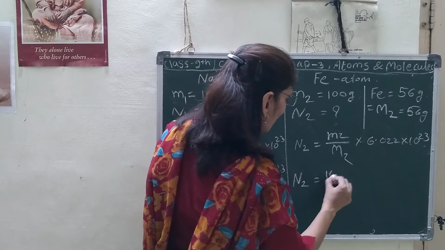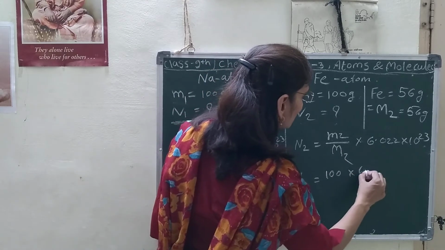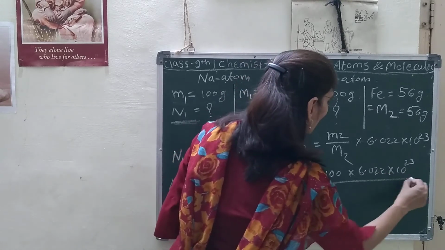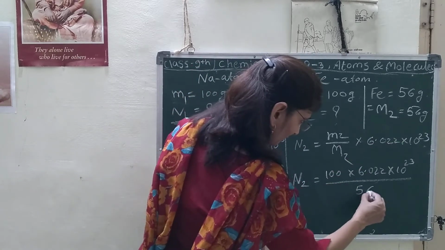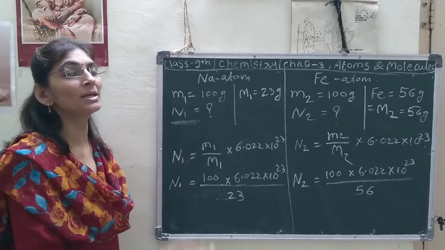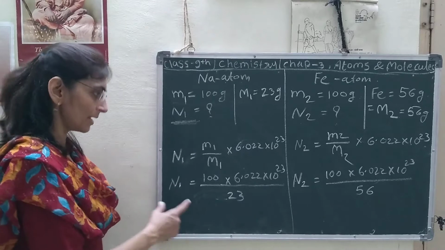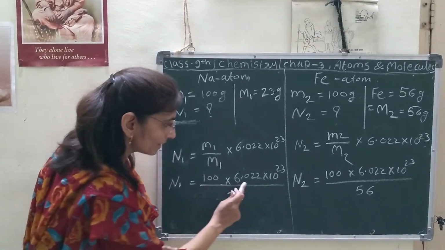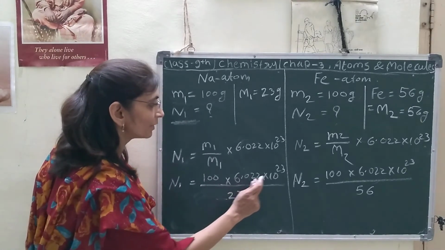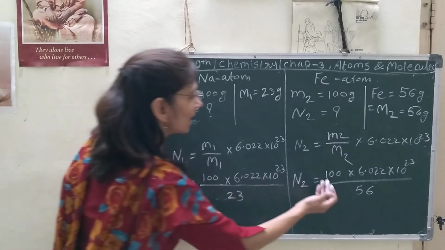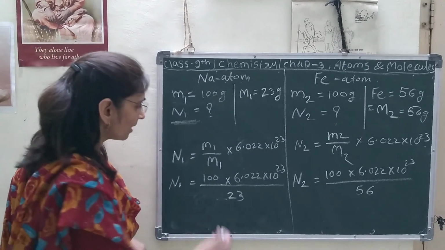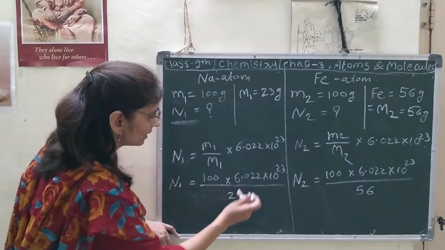M2 is 100, same, multiplied by Avogadro's number 6.022 into 10 to the power 23, and what is the denominator? That is 56, that is M2. Yes, so here we have to compare only which atom is having more number of particles. Are you seeing here numerators are same, here also numerator 100 into 6.022 into 10 to the power 23, and the same numerator is for the iron atom, and the atomic mass we have taken here in denominator.